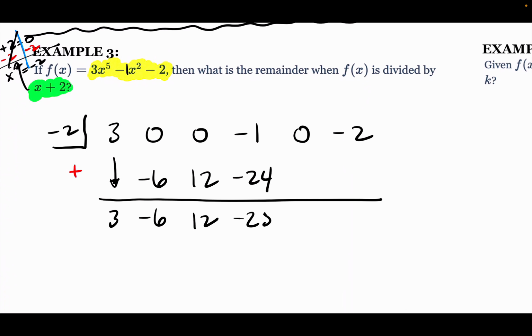Negative 25 when I add, multiply negative 25 times negative 2, positive 50, add straight down, positive 50 times negative 2, negative 100, add straight down, I get negative 102.